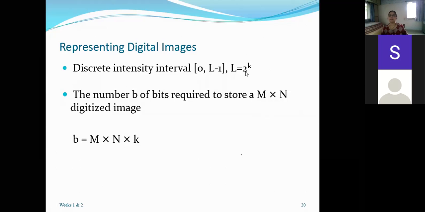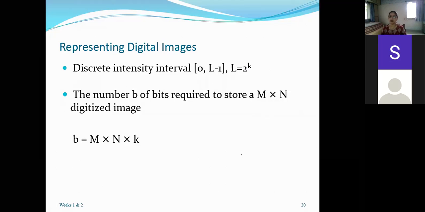If there are 3 bits, 2 raised to 3 means there are a total of 8 gray levels, and those 8 gray levels range from 0 to 7. 0 represents black, and 7 represents white, or the maximum possible intensity value.